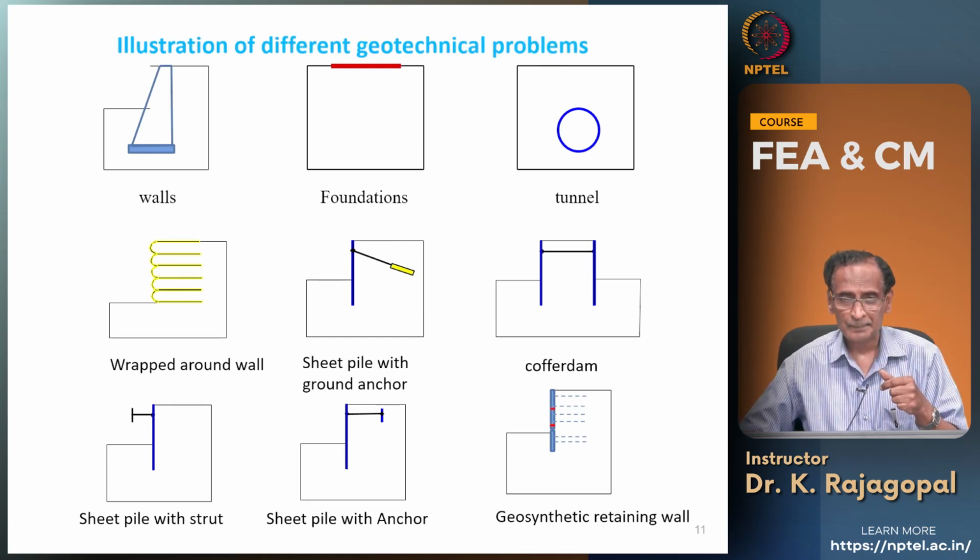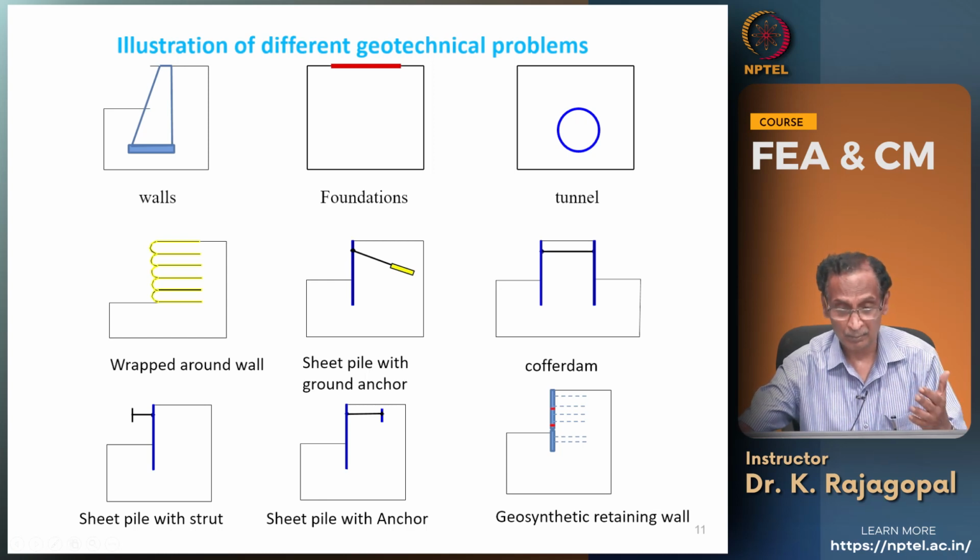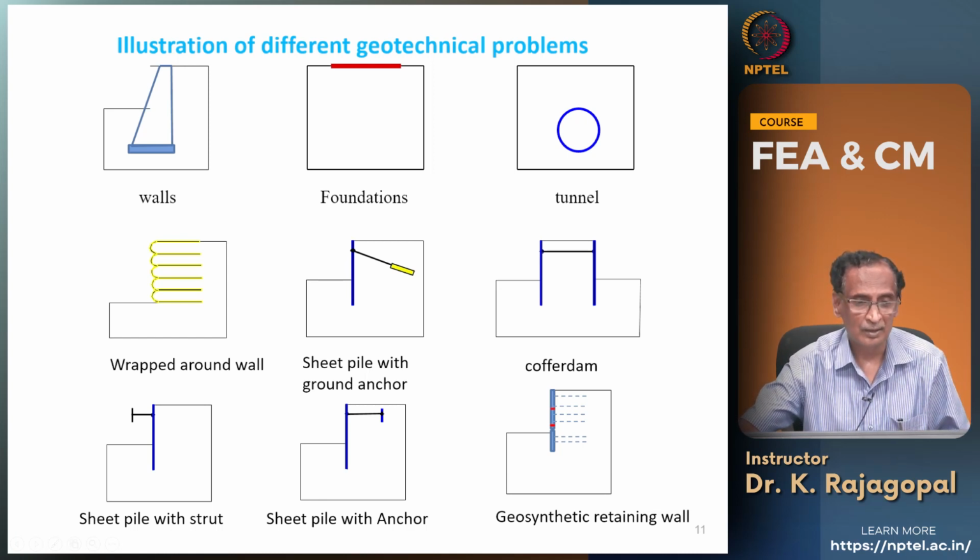So I am just giving you a sketch of some of the different problems that we might be dealing with. So we may have a stability analysis of a retaining wall.